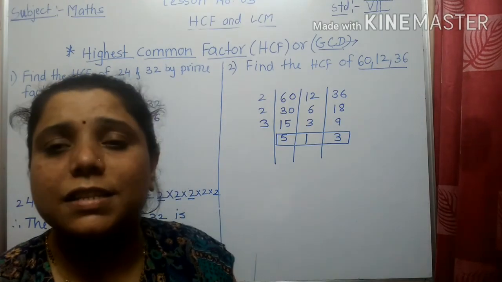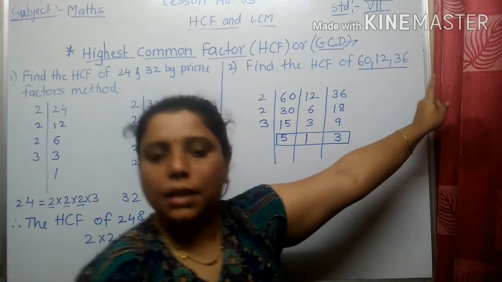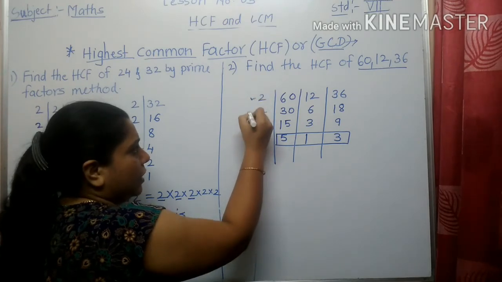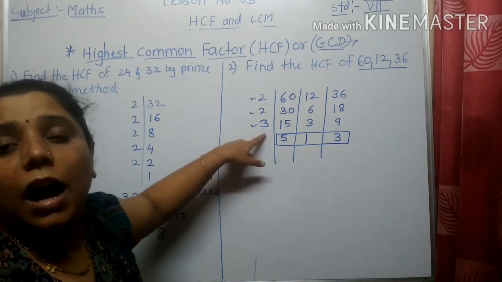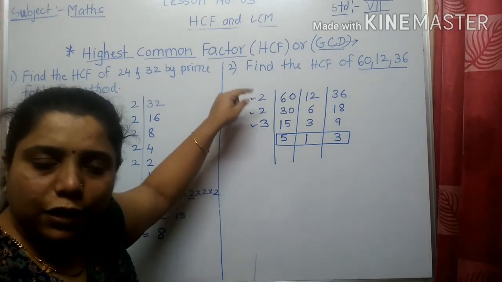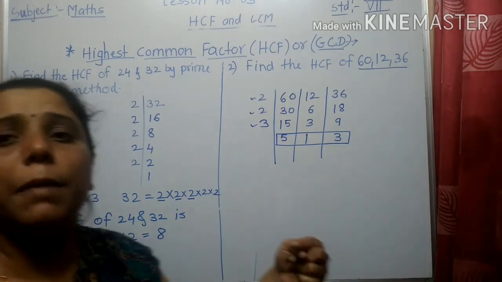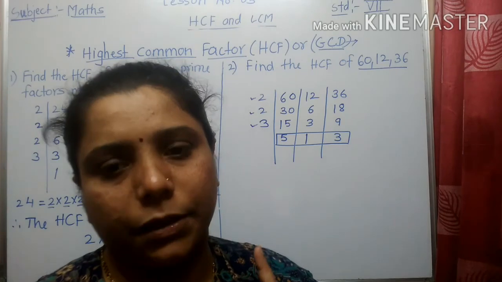Okay, so which is the HCF of 60, 12 and 36? Now I will write whichever you are getting over here, 2, 2 and 3. When you take the product of these 3 prime factors, that will be your respective HCF of the given numbers.